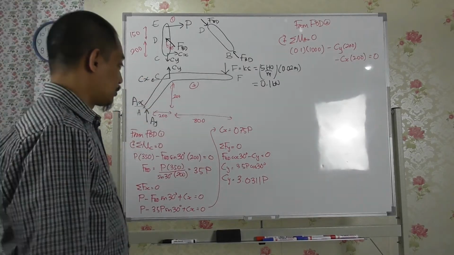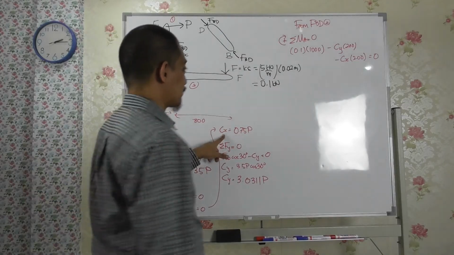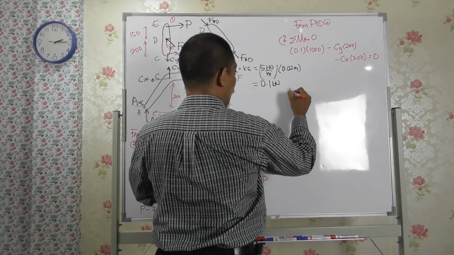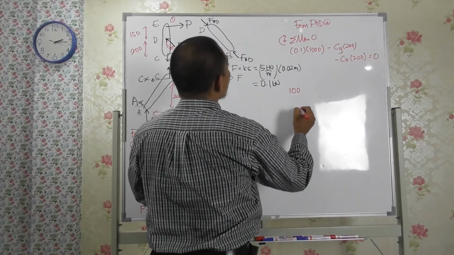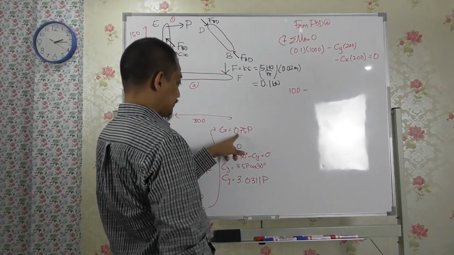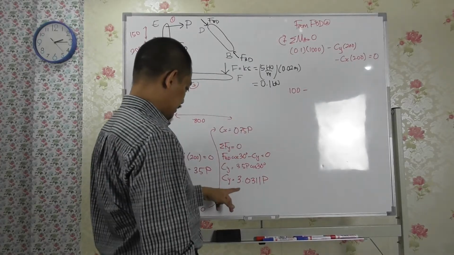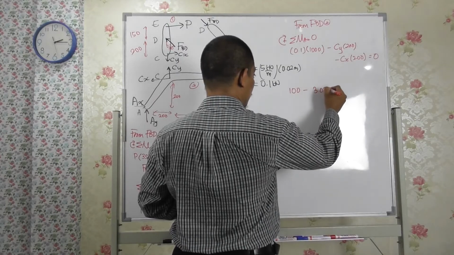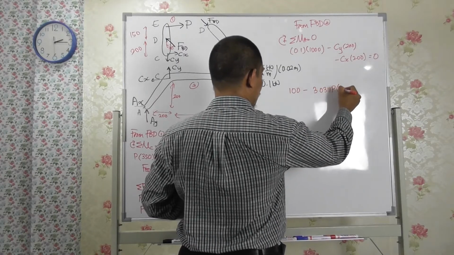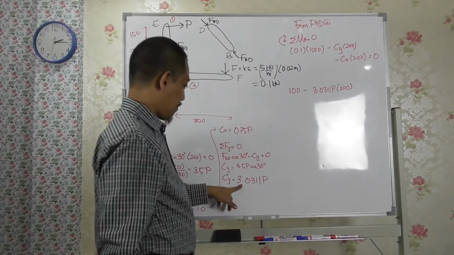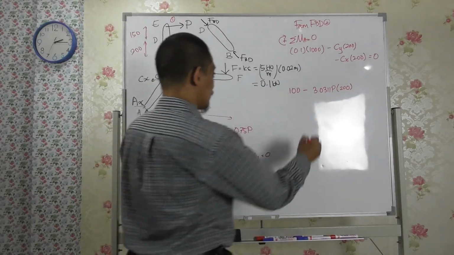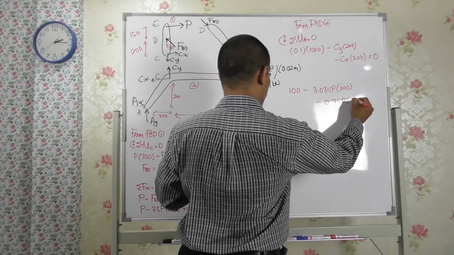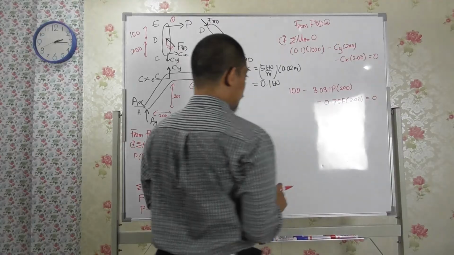All right, so if I replace all of this, so from here 100 minus Cy, Cy is 3.0311p times 200, and then minus Cx, so minus 0.75p times 200 equal to 0.